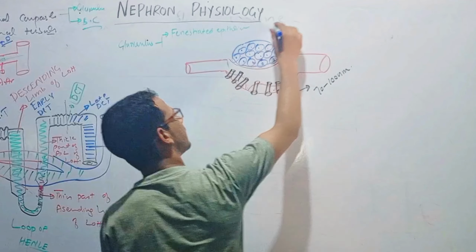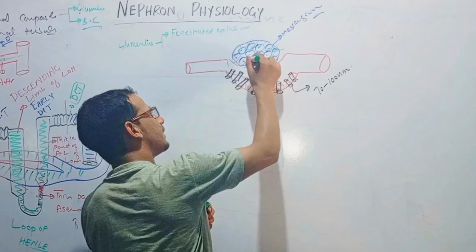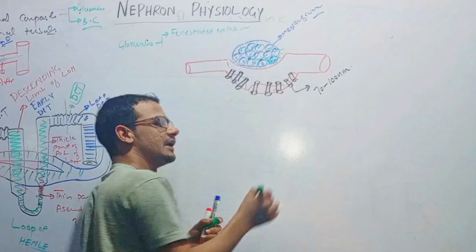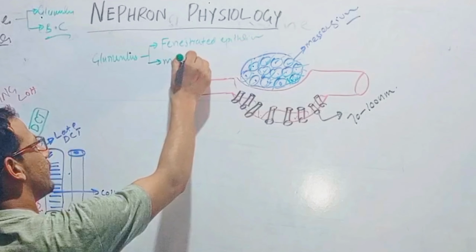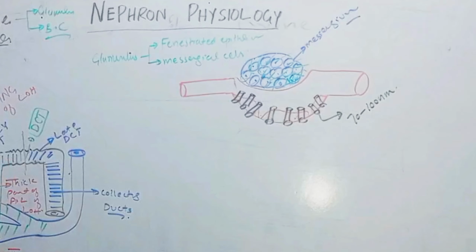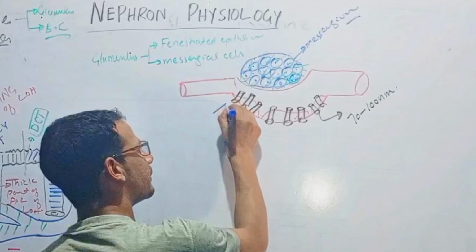It forms a special type of connective tissue which maintains this area, and also squeezes or forces the glomerulus for filtration because they are contractile, right? So these are the cells. First, fenestrated epithelium. Second, mesangial cells, right? The next thing is the basement membrane.